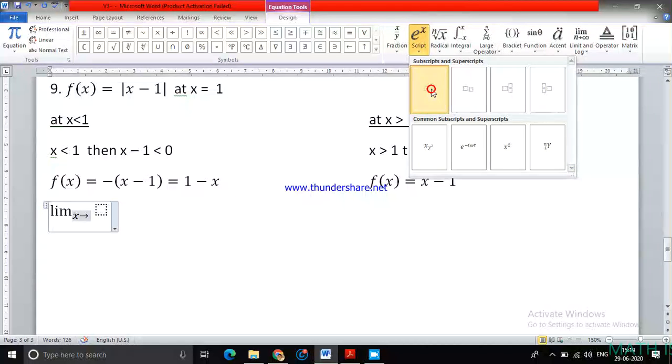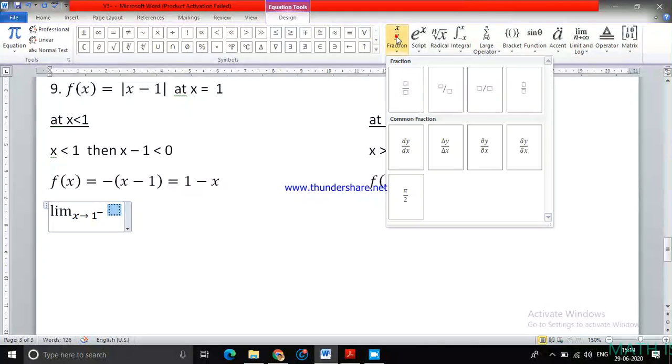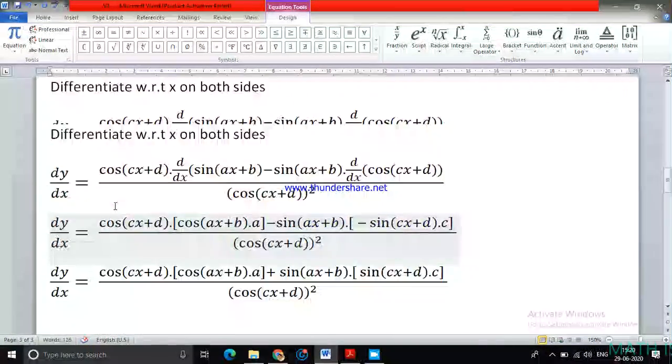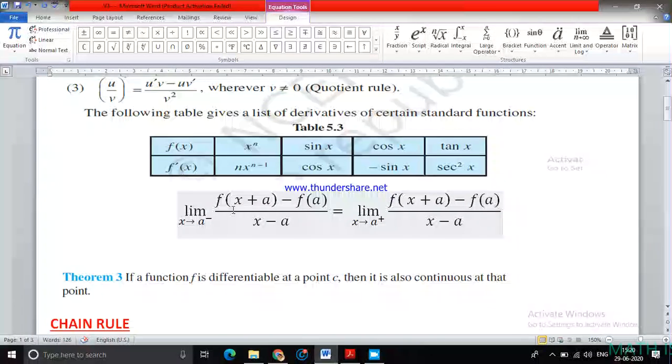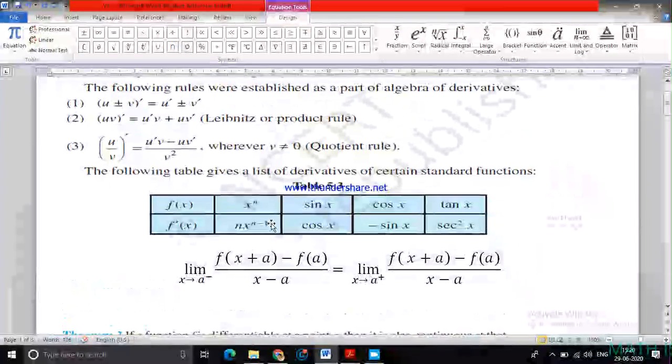What does the definition of the derivative say? f of x plus a minus f of a upon x, limit x tends to a. So in this example, our a is going to be 1.